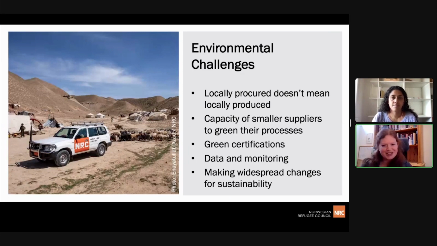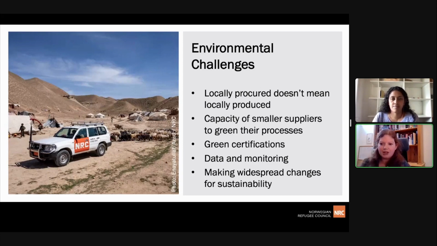There are also challenges, and I alluded to a bit of that earlier. The local procurement versus locally produced goods. It is often true that the goods that we find in local markets are probably less environmentally friendly than we might procure ourselves from an international market.